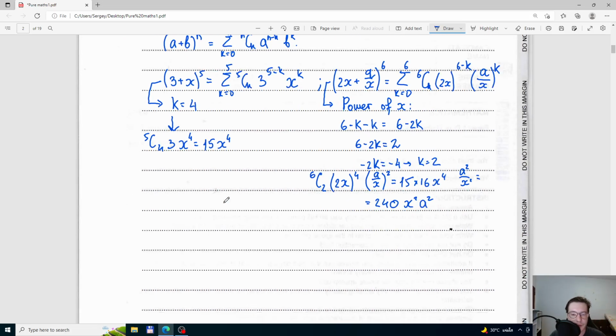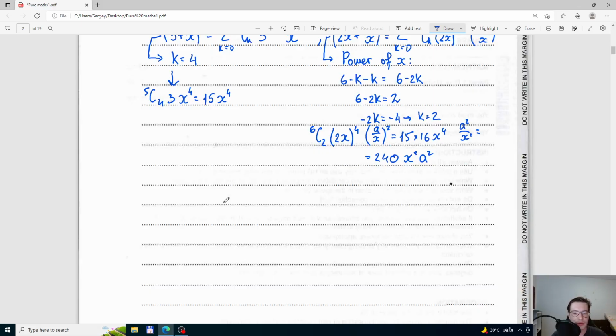Okay, so now we'll have to equate the coefficient of x^4 in the first bracket, which is 15, to the coefficient of x squared in the second bracket, which is 240a^2.